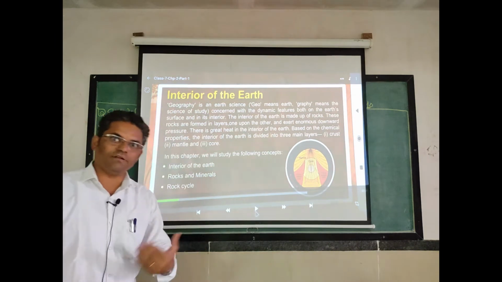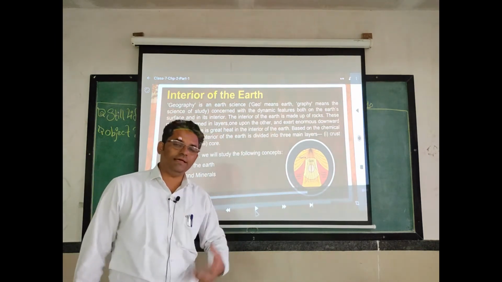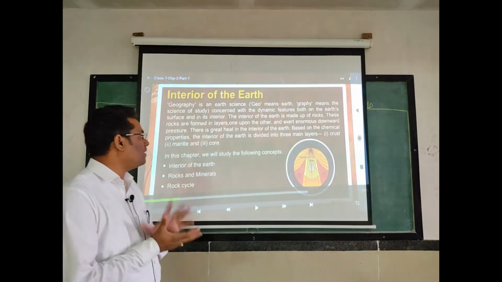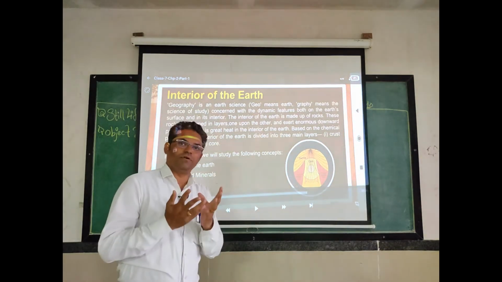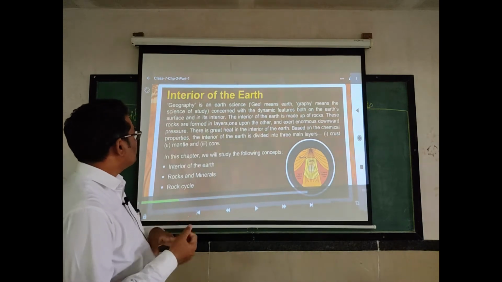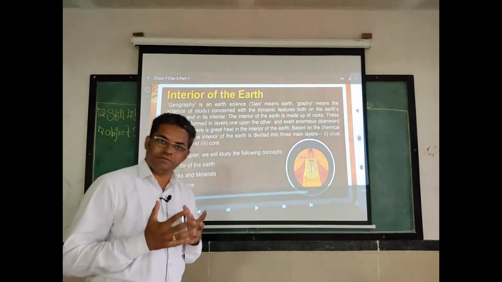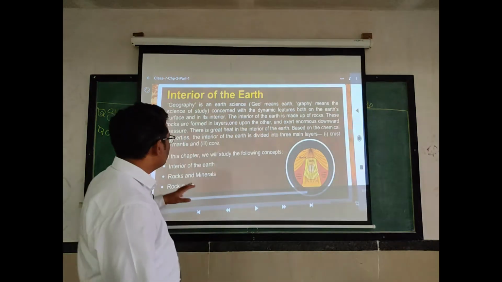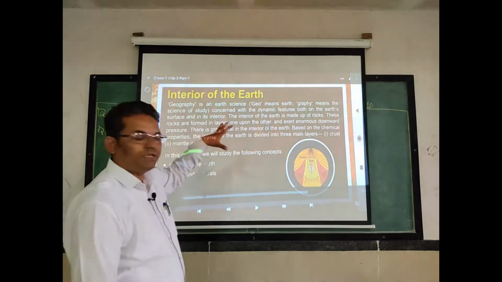Up to a certain level there are rocks, then there are different types of rocks, and then inside, the most central part of the earth is still in liquid form, semi-liquid form. It is a mixture of different chemicals and properties that were buried under the earth, and those are found there in the interior of the earth.